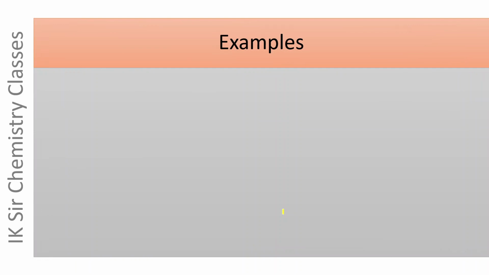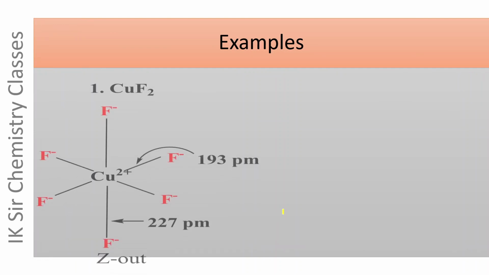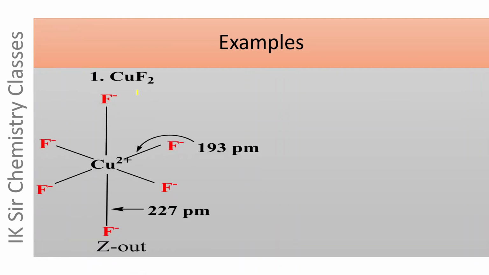Let us see a few examples. It is CuF2, which has octahedral geometry of 6 F- ions around the central metal ion, that is the Cu2+ ion.